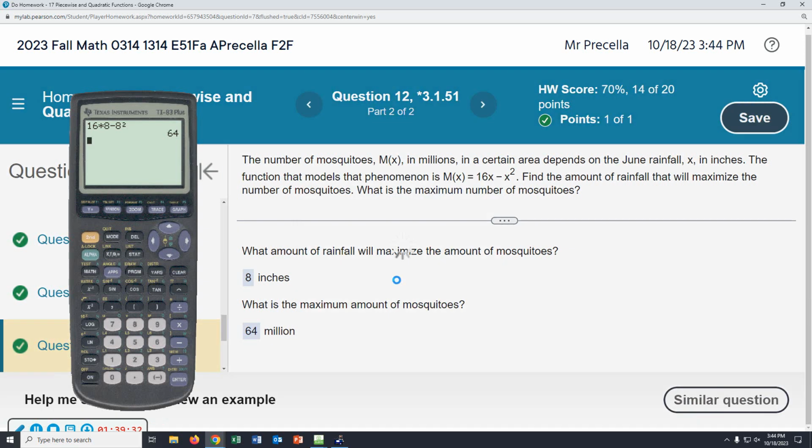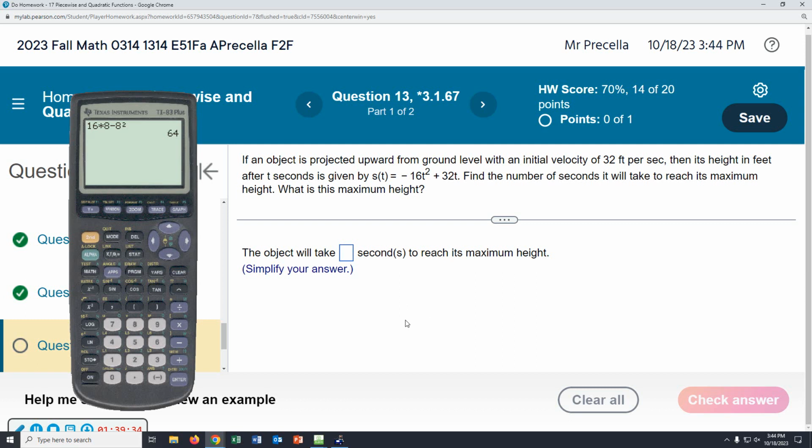Number 13. If an object is projected upward from ground level with an initial velocity of 32 feet per second, then its height in feet after t seconds is given by... Oh, look, it's not using X's or F's. They're using S's and T's, and that's standard in physics problems.